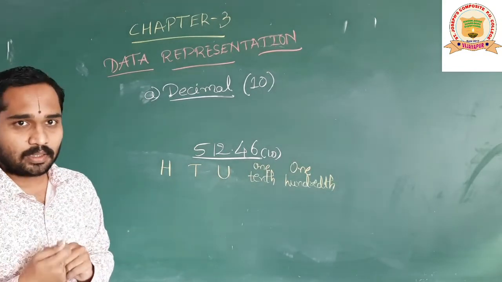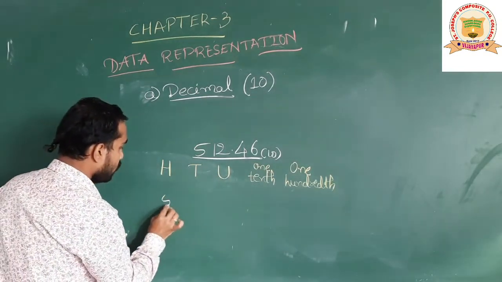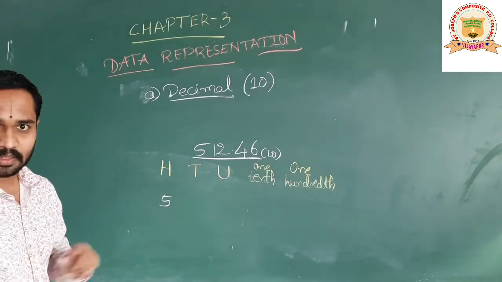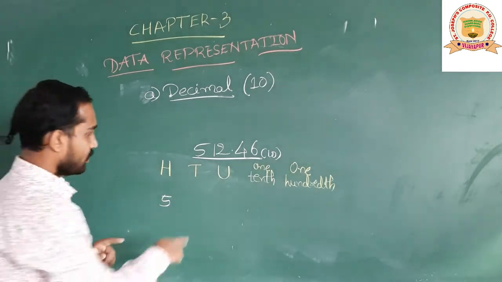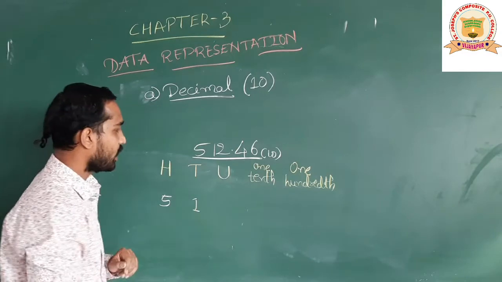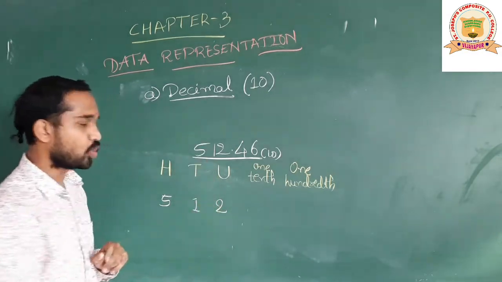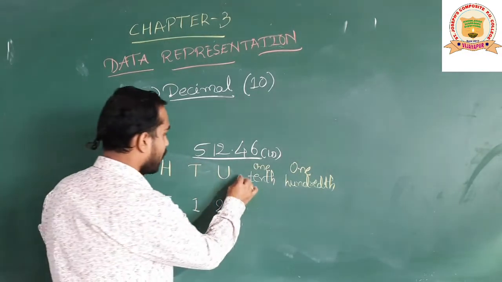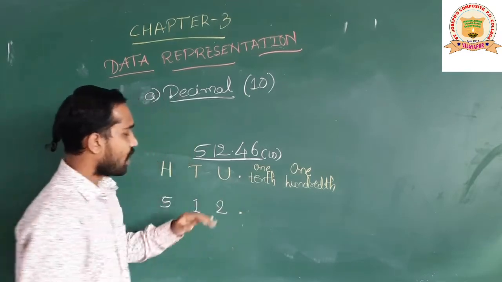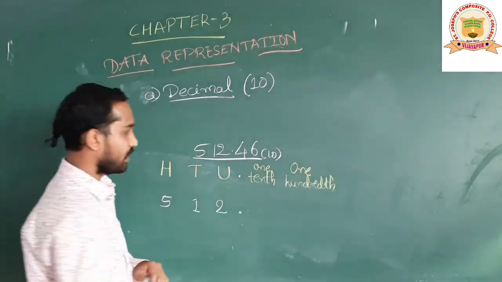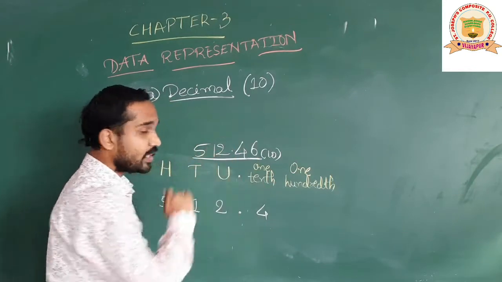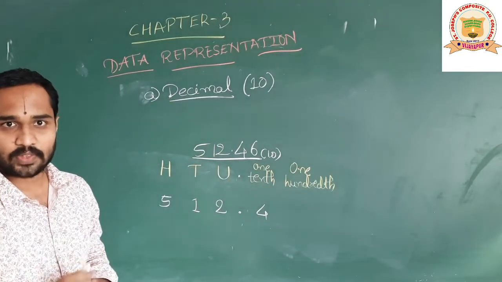What does this mean? This means 500, correct? 5 comes in hundreds. Then tens will have 1. Unit place will have 2. Right? Now after the decimal point, whatever comes first is 1/10, correct? 1/10 of the number.